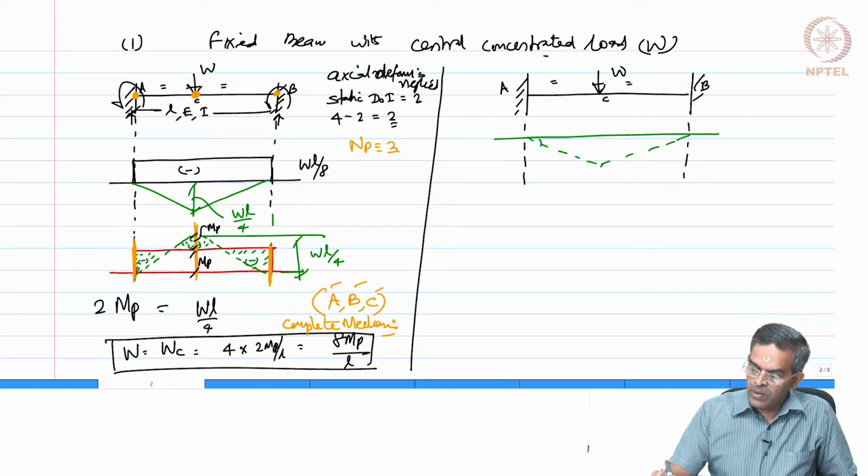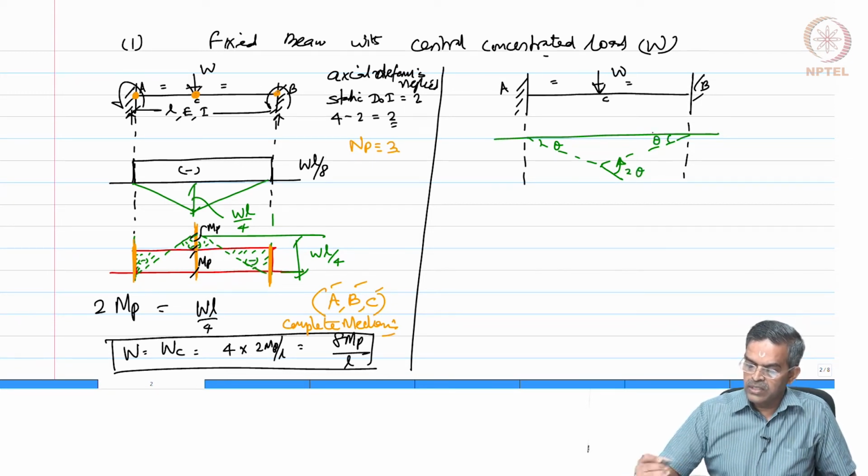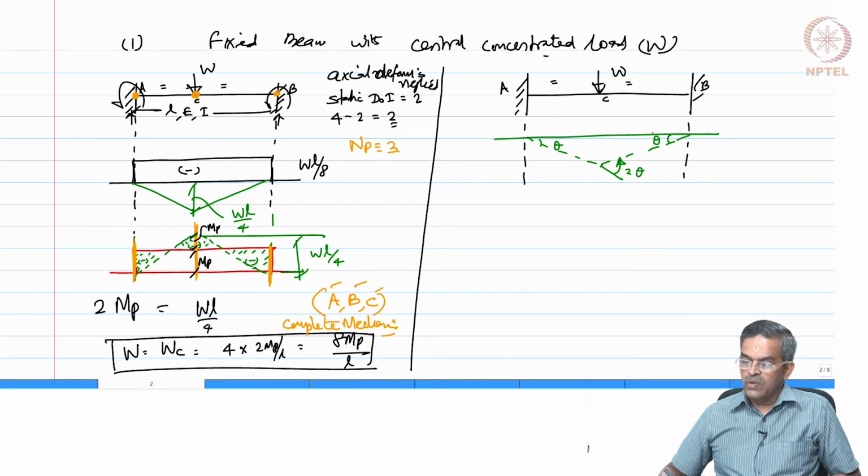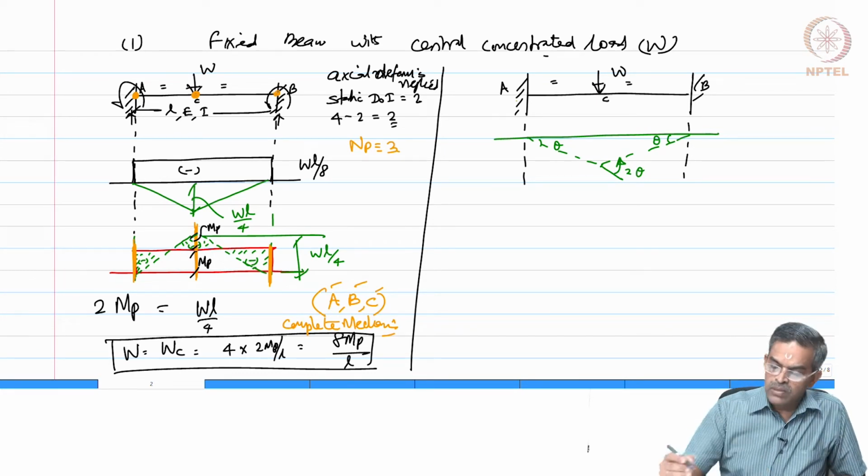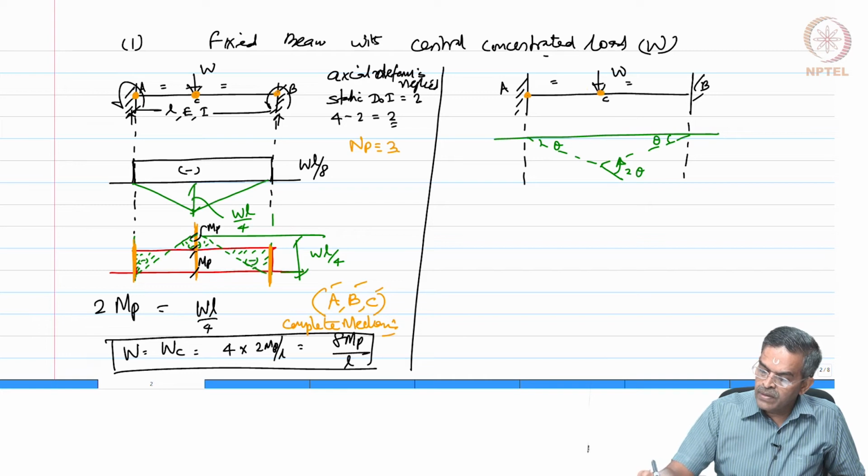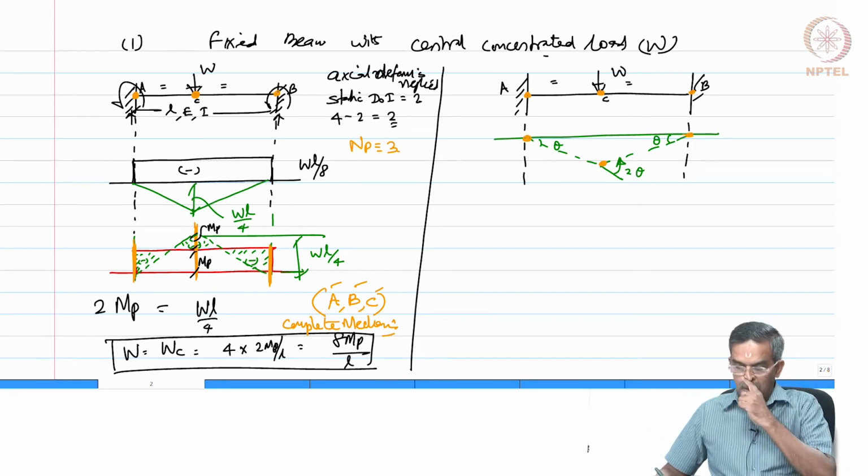So, I have one rotation here, another rotation here and another rotation here. By symmetry you will see this is 2 theta, is it not? So, I need 3 hinges. Let us assume the hinges here, here and here, which are marked in this figure also. Okay.